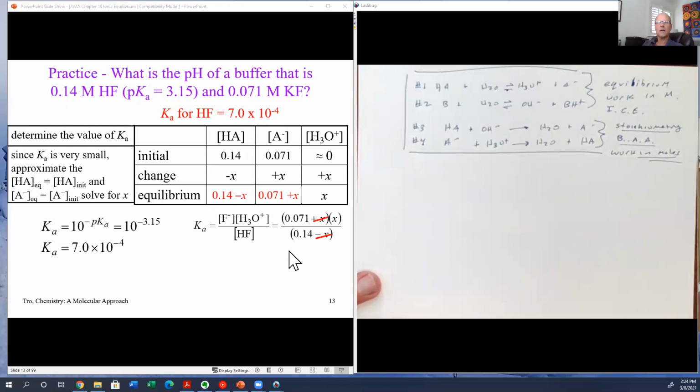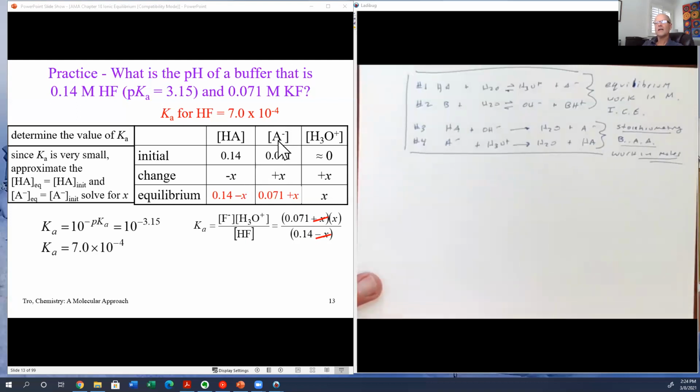You can make the X is small approximation because Ka is pretty small. And by the way, having the conjugate base here makes the X is small approximation even more likely. Why is that? If you didn't have the conjugate base, this would go further to the right. But because I have some of that conjugate base, that pushes it to the left and it doesn't go as far to the right as it would normally go.